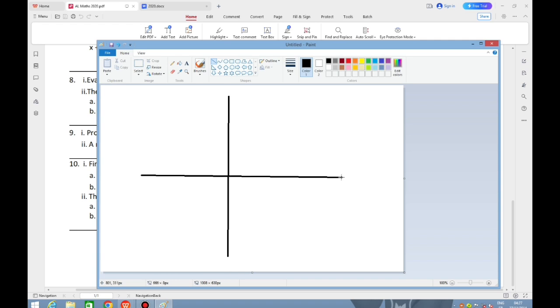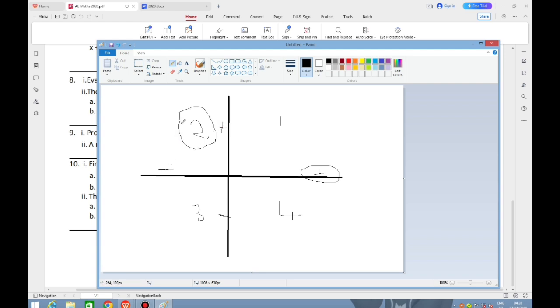This is the first quadrant, this is the second quadrant, this is the third quadrant, and this is the fourth quadrant. And here you see the values of the x-axis are positive on the right, the values of the x-axis are negative on the left, the values of the y-axis are positive above, and the values of the y-axis below are negative. So the quadrant in which the y-axis is positive and the x-axis is negative is the second quadrant.